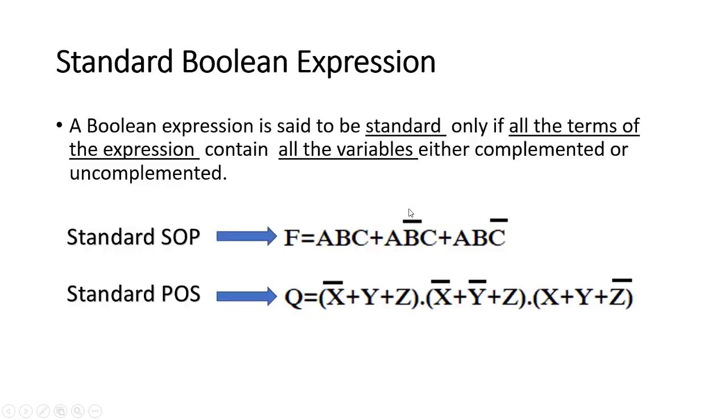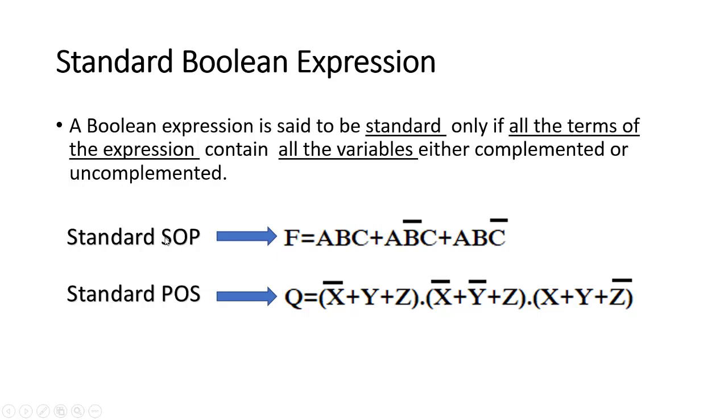Let's see the definition. A Boolean expression is said to be standard if all the terms of the expression contain all input variables, either complemented or uncomplemented. So these variables are uncomplemented and this is called complemented. However, all the terms contain all input variables.